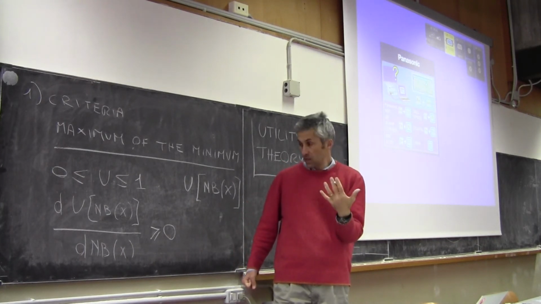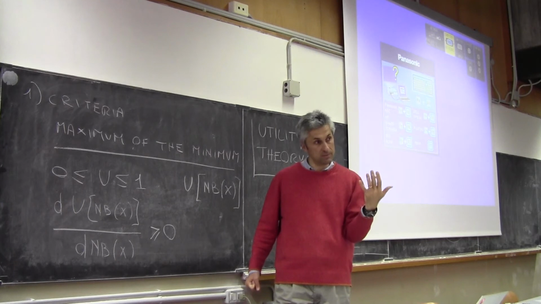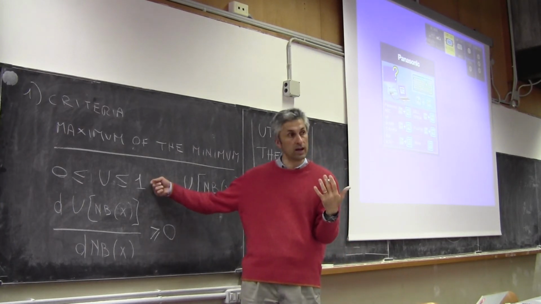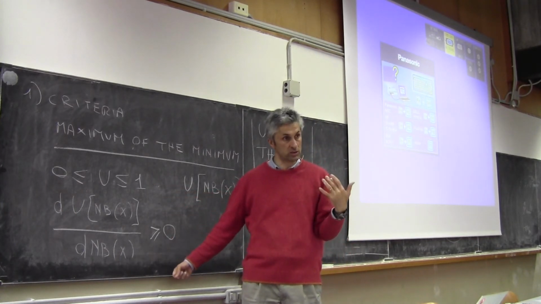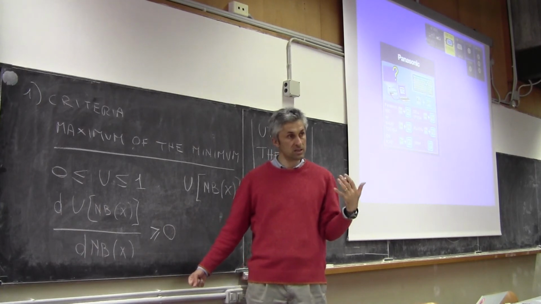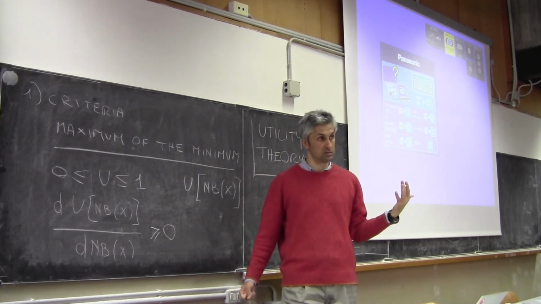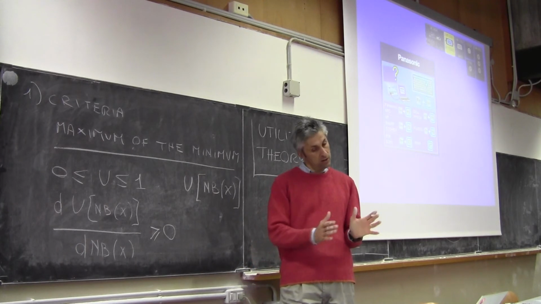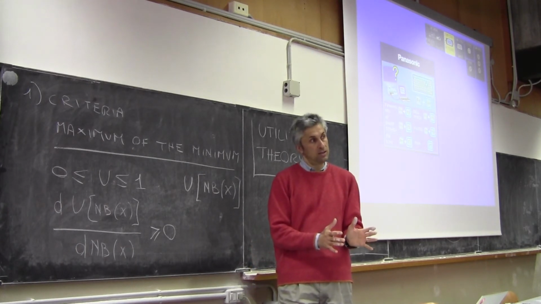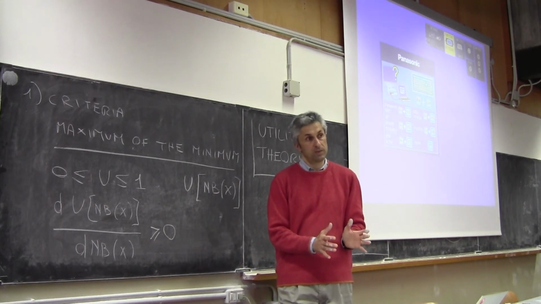What does this mean? If the utility increases very rapidly, so that I get close to 1 for low values of the benefit, it means that I am a prudent person. It means that even low values of the benefit are fine to me.